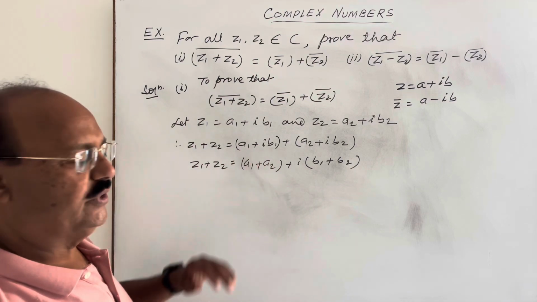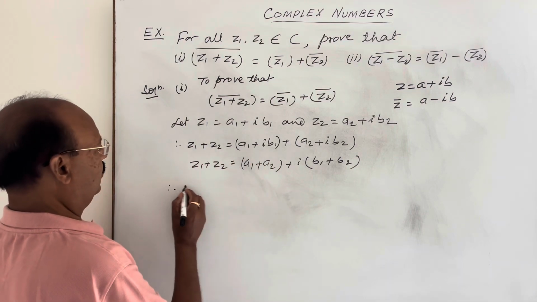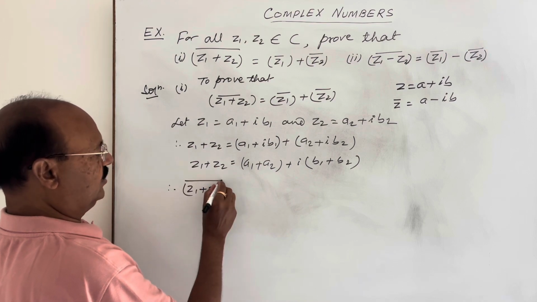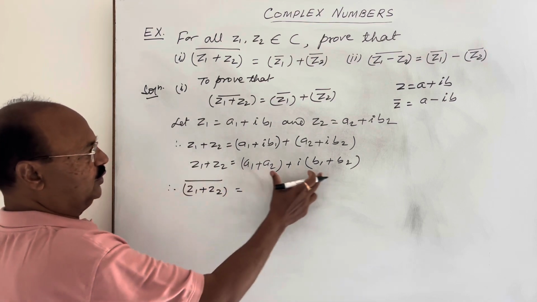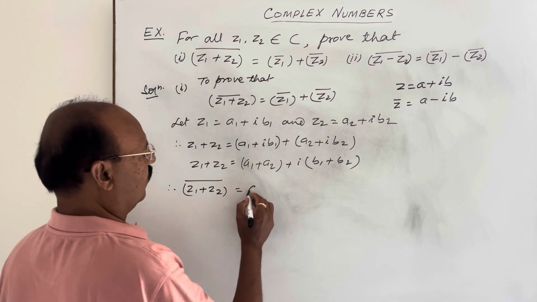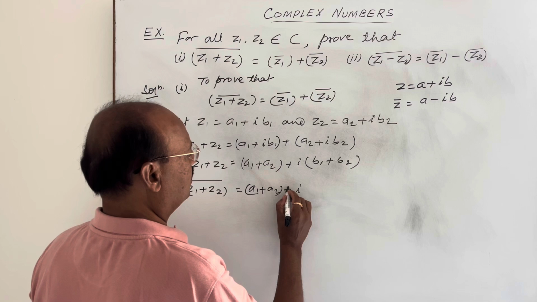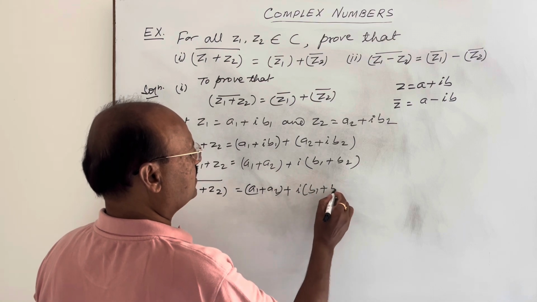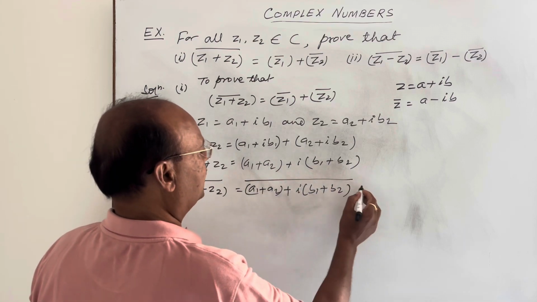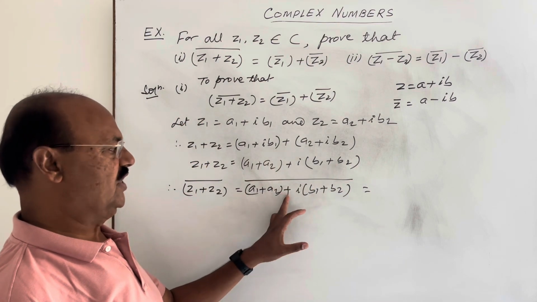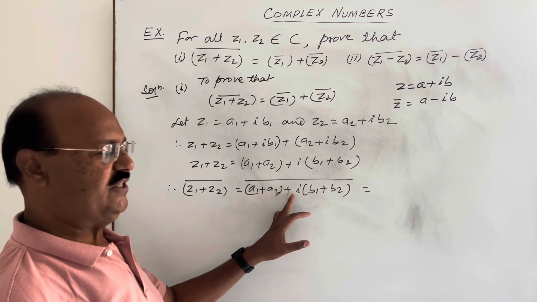Now taking conjugate. Therefore, conjugate of Z1 plus Z2, and Z1 plus Z2 is this much. So A1 plus A2 plus I B1 plus B2, this conjugate, and here conjugate means simply changing the sign of the imaginary part.